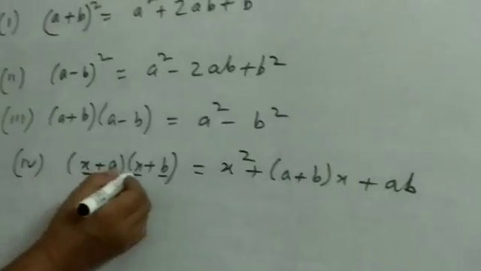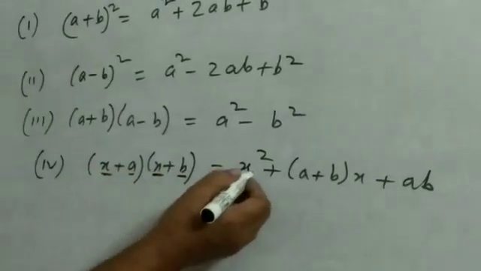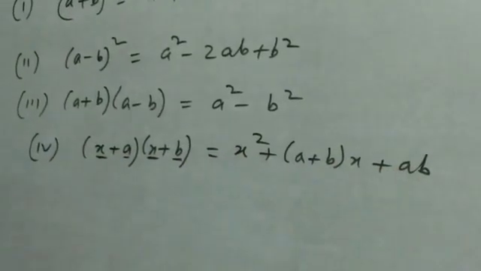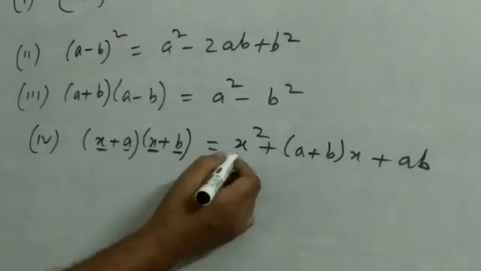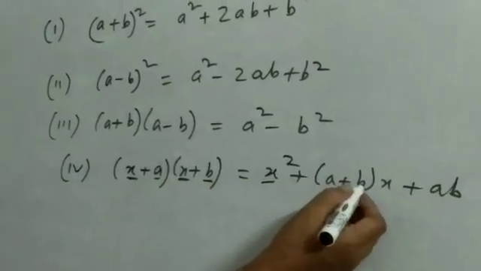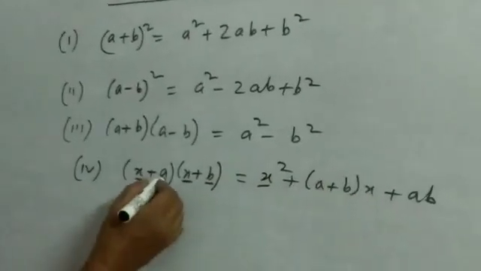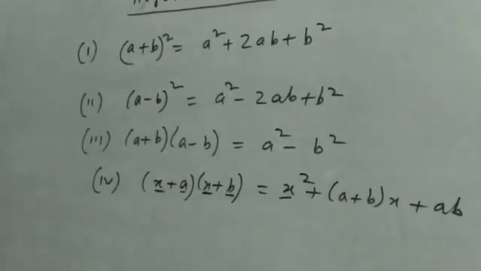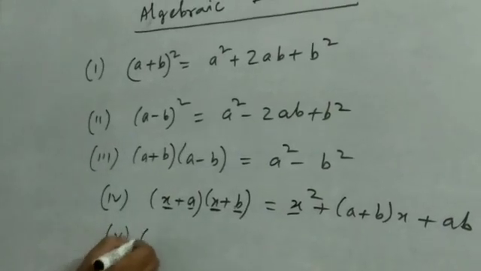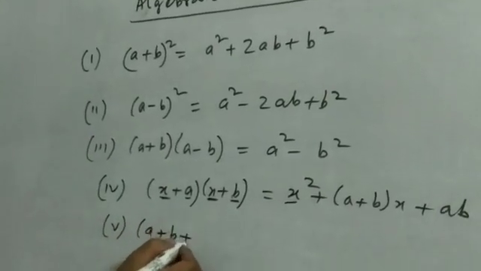If the first term is the same and the other term is different, using this formula we can multiply easily. So here x square, and a plus b means the sum of the two terms, into x, plus the product of the terms.